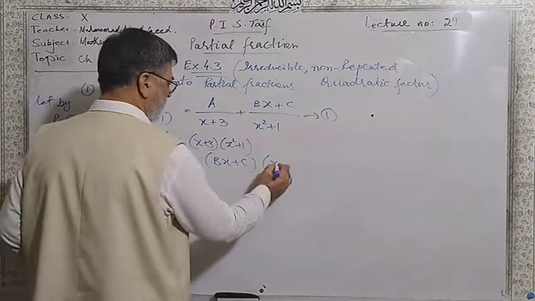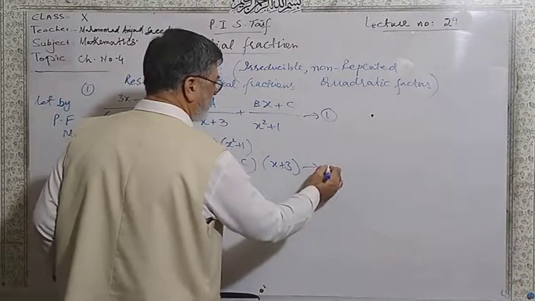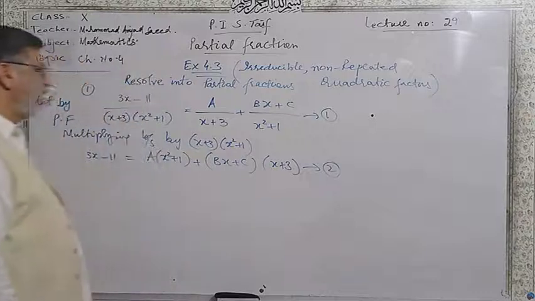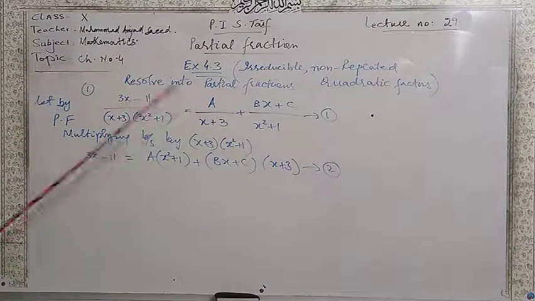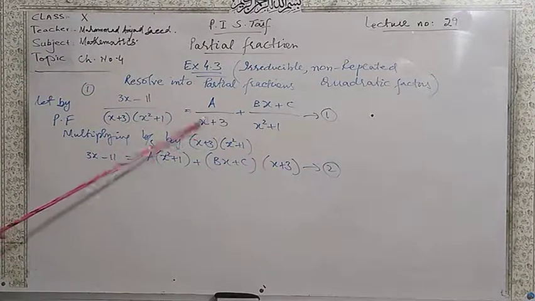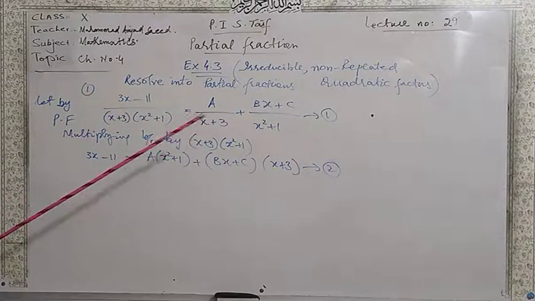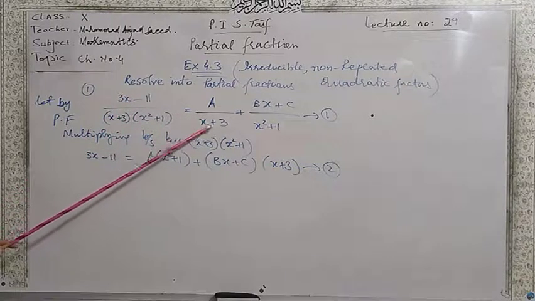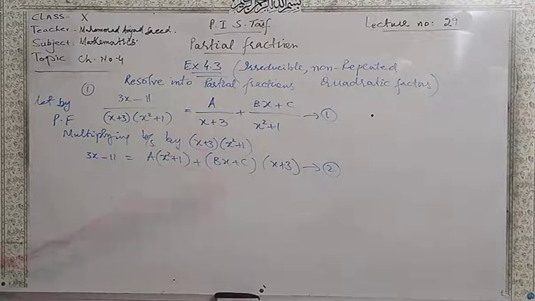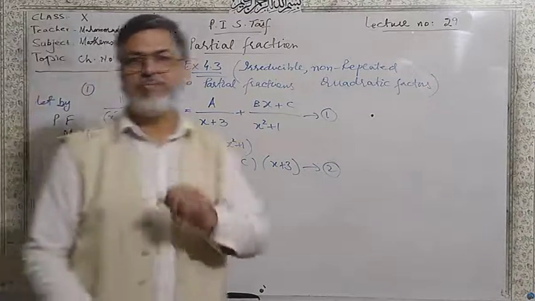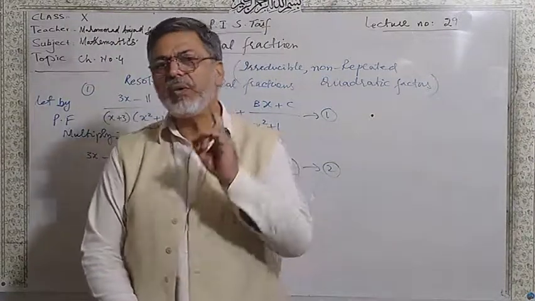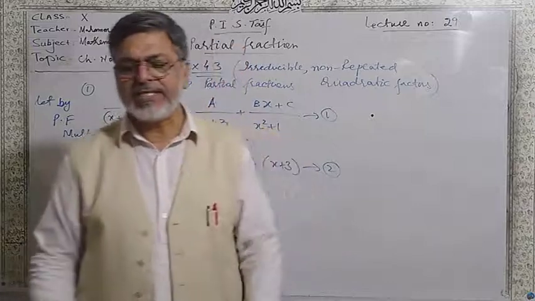This is equation 2. Dear students, you have only one linear factor here. So by the putting method you will apply x plus 3 equal to 0. You will find one constant by the putting method and two constants by the comparison method.